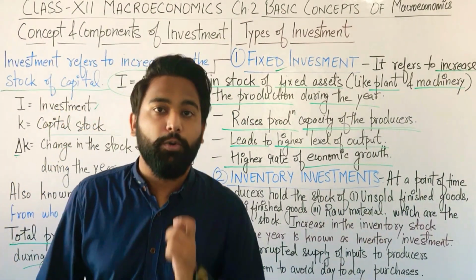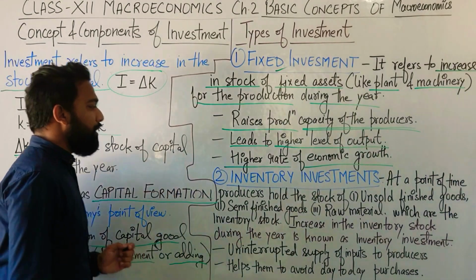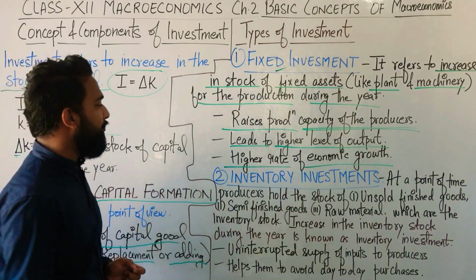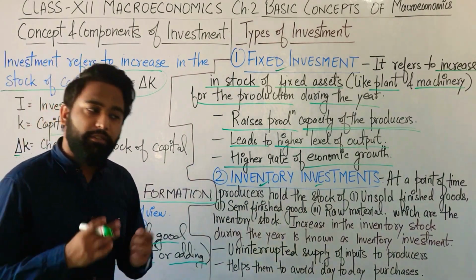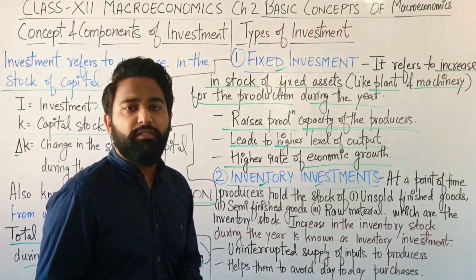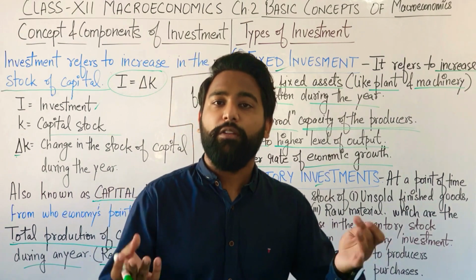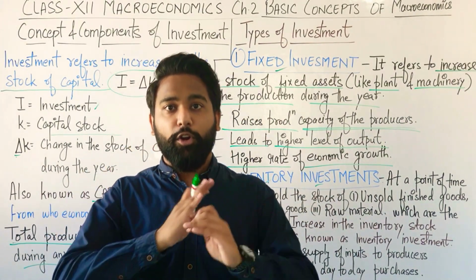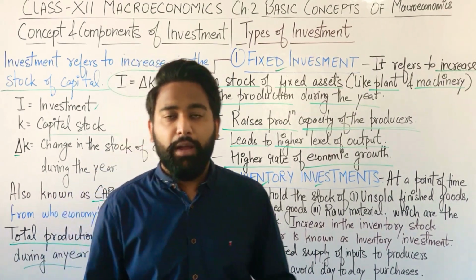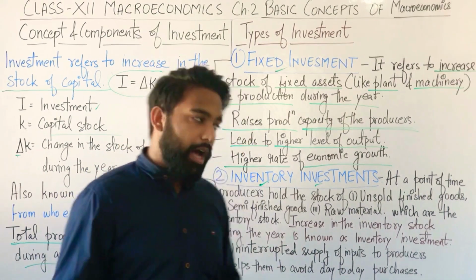Now, students, the second type of investment is inventory investment. Now, what is inventory? Inventory means anything which is not sold yet or which we have kept as a stock. We have not sold it, we have not used it, but it is kept with us.